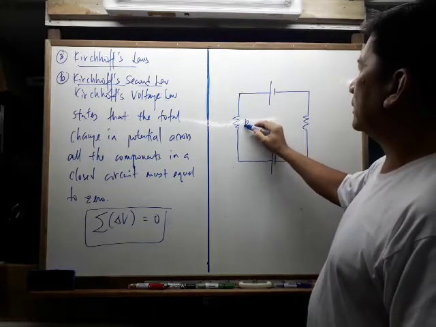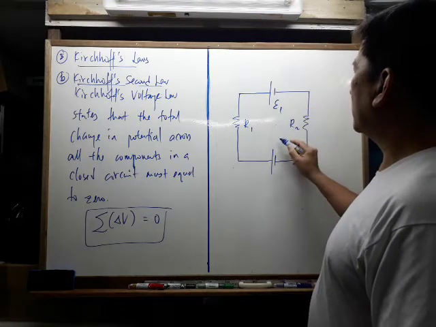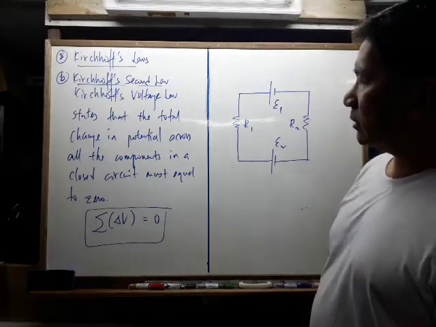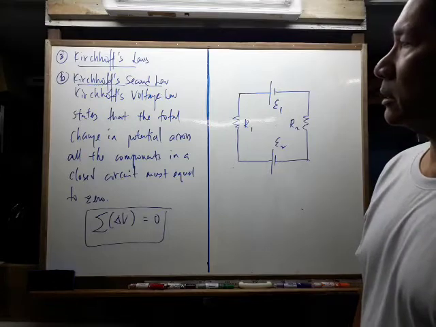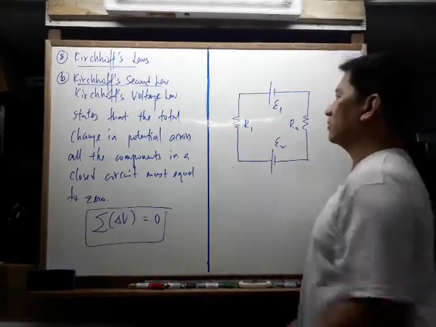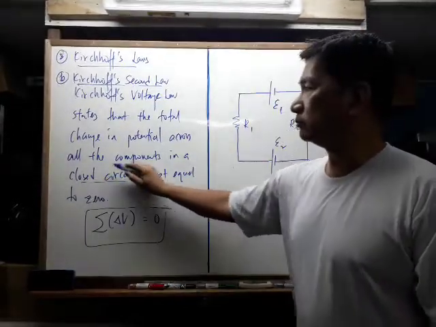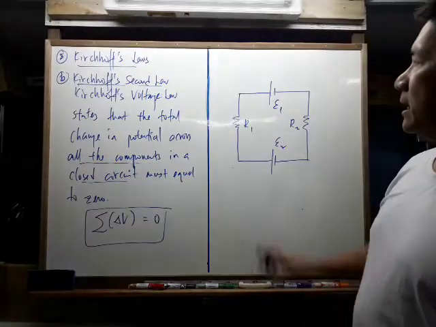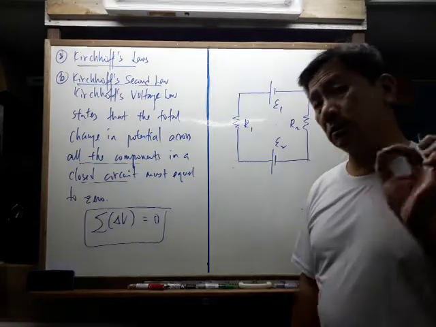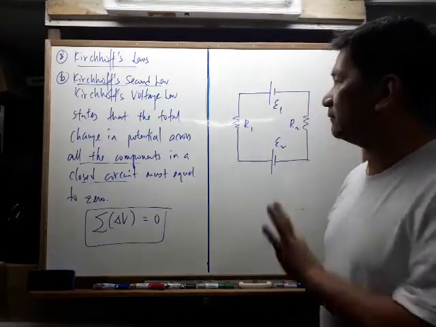I call this one R1, this is R2, this one is epsilon 1, this is epsilon 2, which is actually the EMF. Now when you talk about a change in potential across all the components, we have components 1, 2, 3, 4, and since they are all connected, it is a closed loop. All components in the closed loop, if you measure their voltage and sum that up, it equals 0.